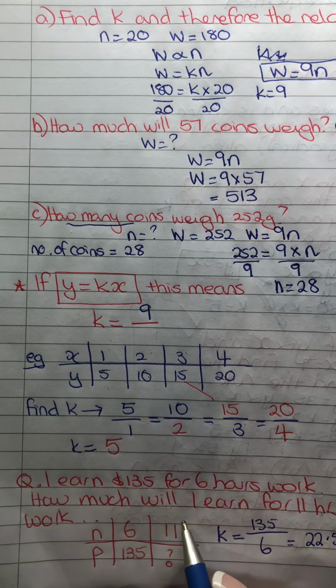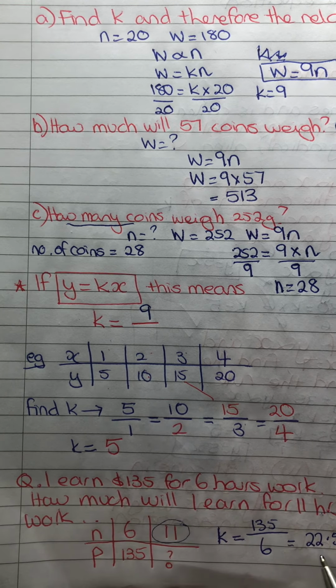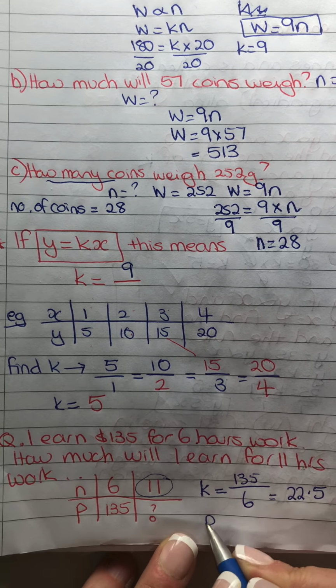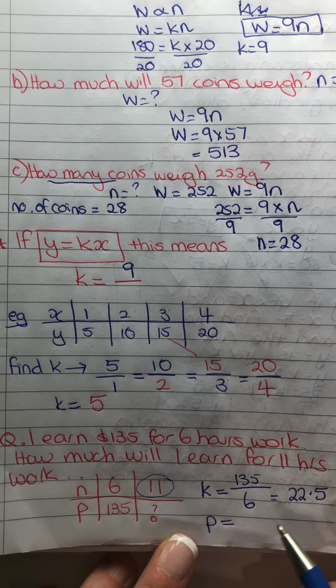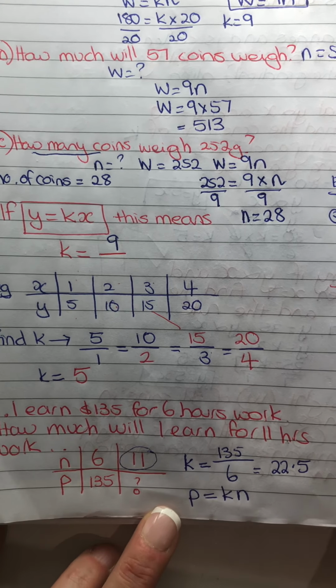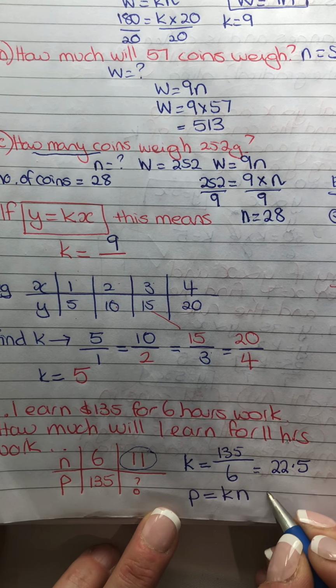So we've got on the top 11, and our k is 22.5. So p, because this is the unknown, is going to be, remember, p equals kn, like we did before, but just showing it in a table this time.